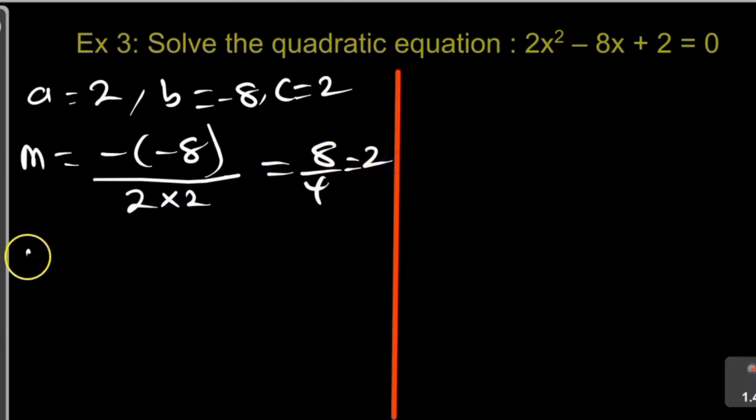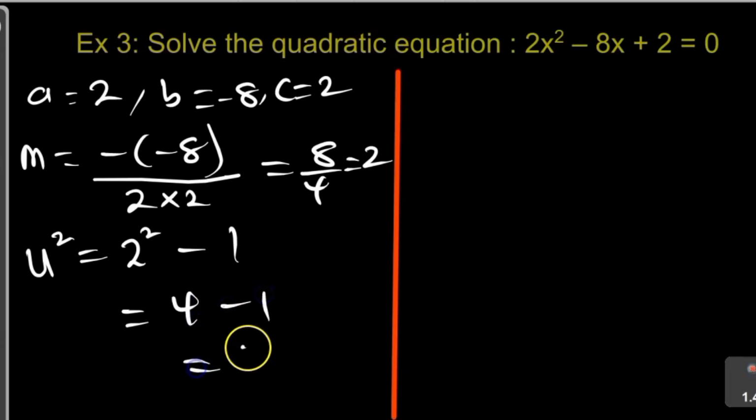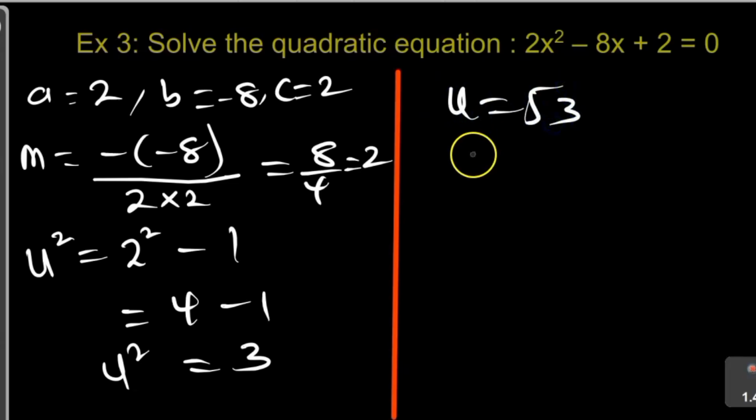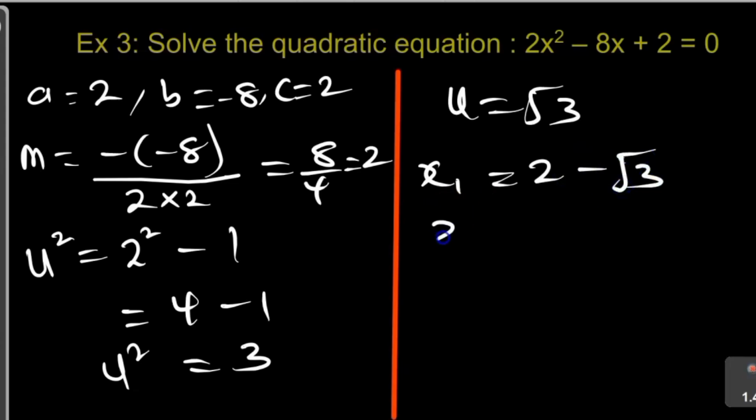Now U squared is M squared minus c over a. 2 over 2 is 1. So I have 4 minus 1, which is 3. This is U squared. So U will be the square root of 3. x1 will be 2 minus root 3, and x2 will be 2 plus root 3.